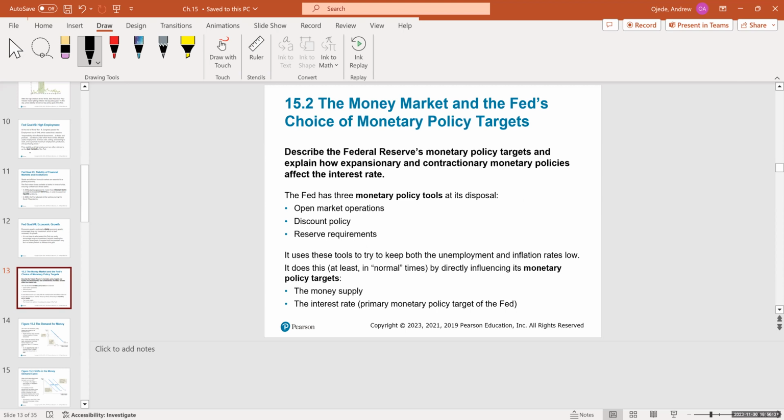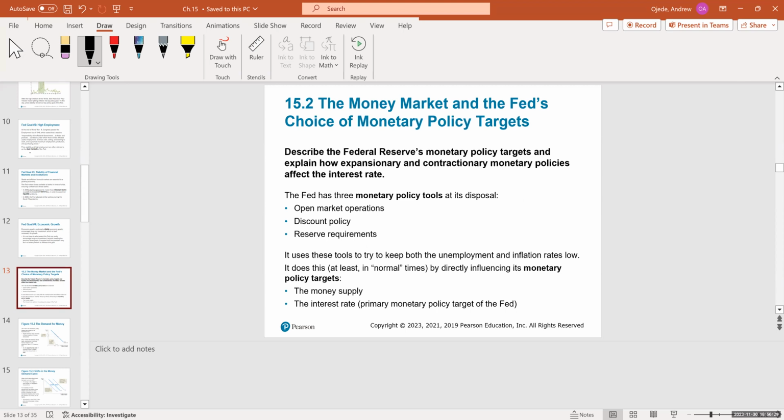Okay, so let's talk about the money market and the Fed's choice of monetary policy. We're going to describe the Federal Reserve's monetary policy targets and explain how expansionary and contractionary monetary policy affect the interest rate. The Fed has three key monetary policy tools that I discussed in chapter 14, the previous chapter.